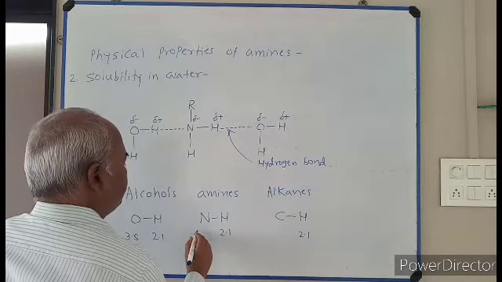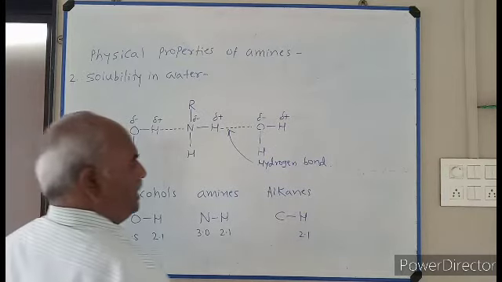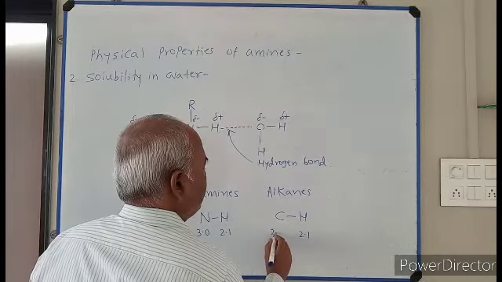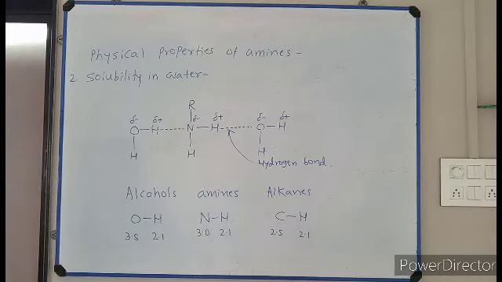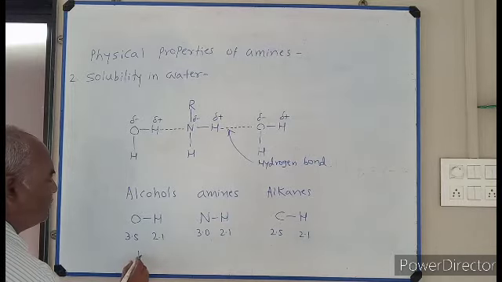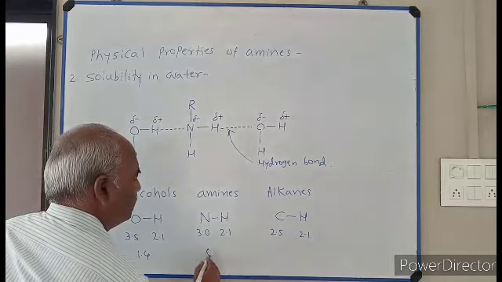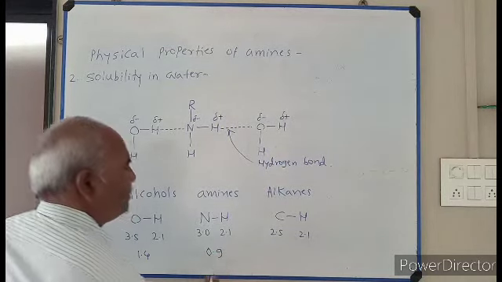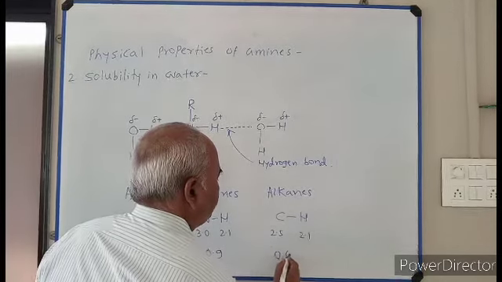Electronegativity of nitrogen is 3.0. And electronegativity of carbon is 2.5. The electronegativity difference here is 1.4, here 0.9, and here 0.4.